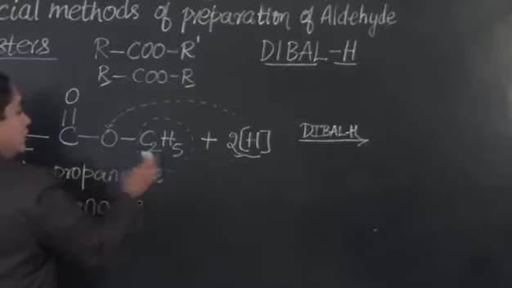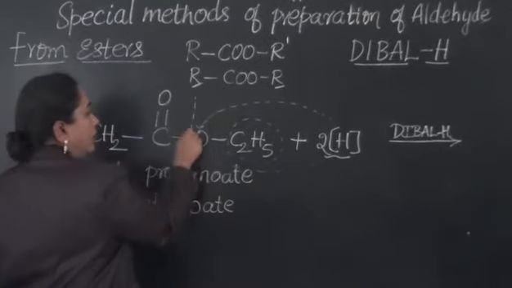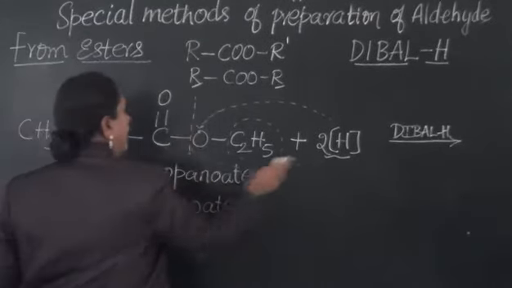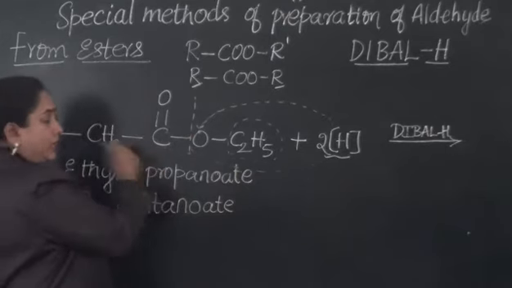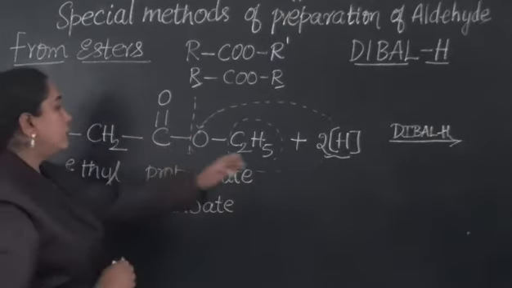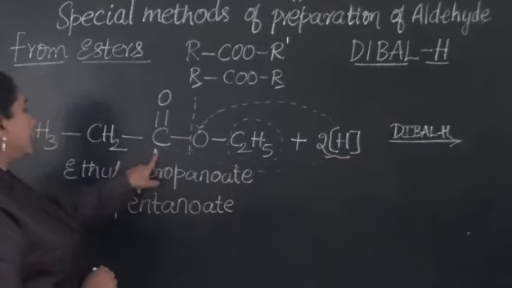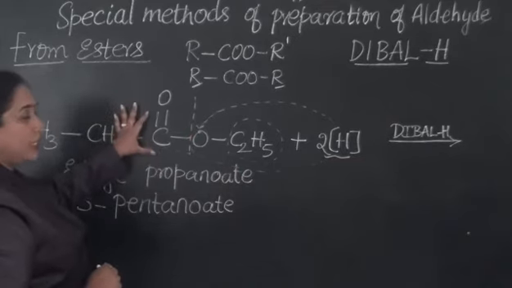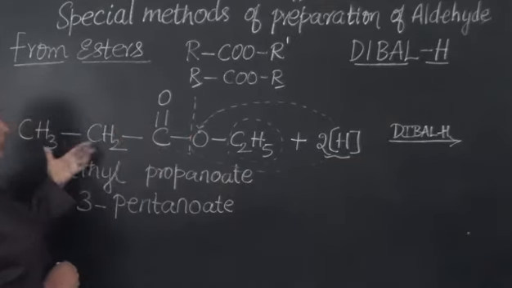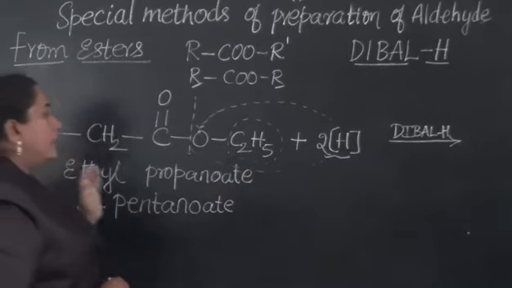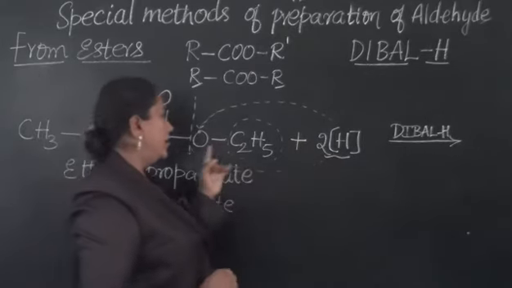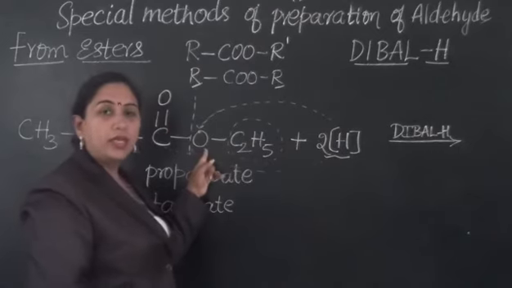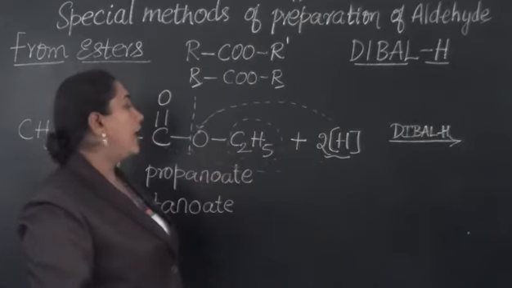So one hydrogen will link with oxygen and they will break like this. Another hydrogen will attach here. So when the hydrogen gets attached there, this compound will have CHO attached to it. So we have the aldehyde, and on the other part, when H gets attached here, it becomes OH. So we also have, in parallel, an alcohol.